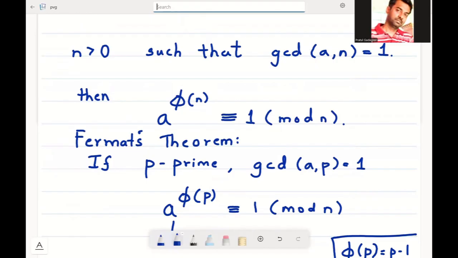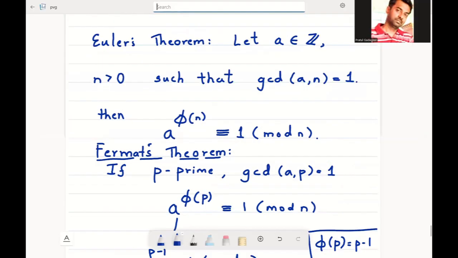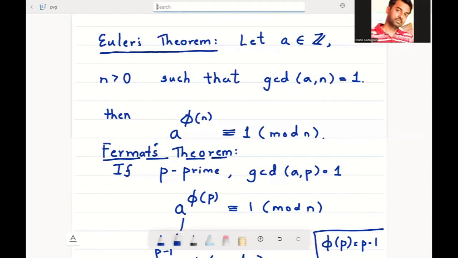So let me just recall what is Euler's theorem and what is Fermat's theorem. Euler's theorem in general tells us that if a and n are integers such that they are relatively prime, then a raised to phi of n will be congruent to 1 modulo n. So this n can be any number, even a composite number.